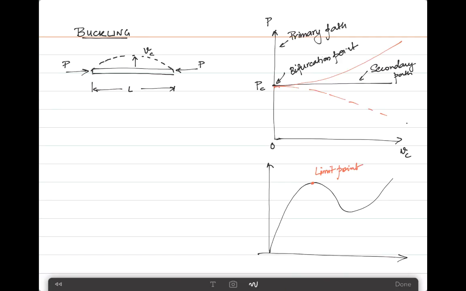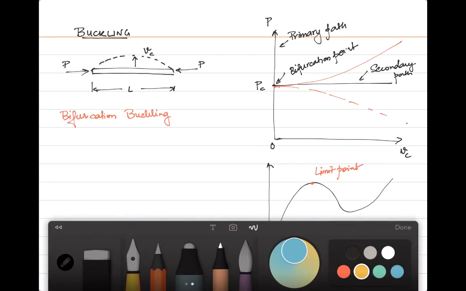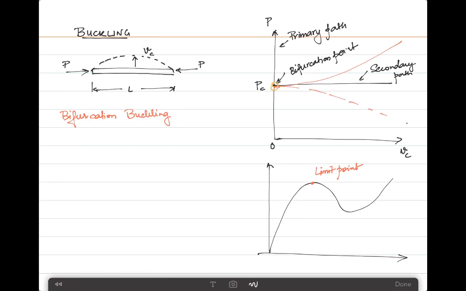Mathematically, bifurcation buckling can be described in a different way. As you can see in this problem, there is a certain load P at which suddenly the behavior of the structure will change. So at this load P, you can either be on the primary path or on the secondary path. So you can exist in both situations, which is what is referred to in the case of bifurcation buckling.